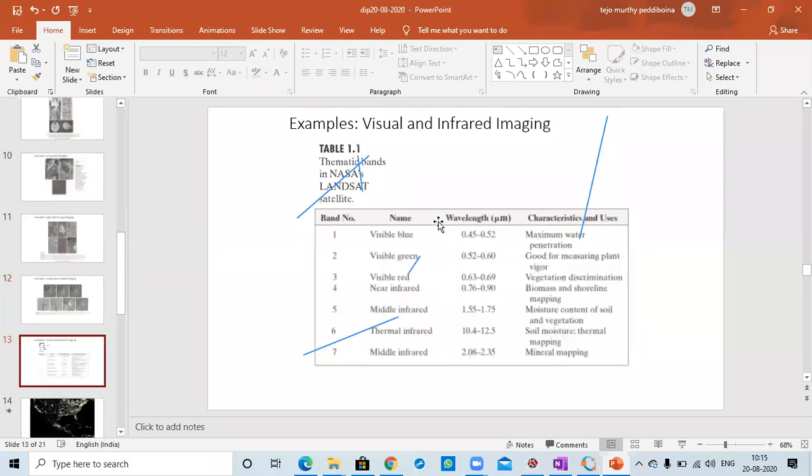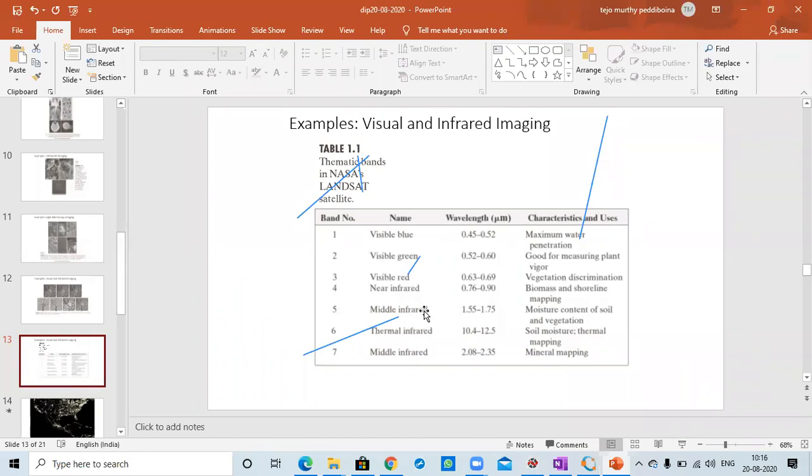So there are different categories of infrared images for different applications. Particularly visual blue is useful for water penetration, so how much depth of water is there, etc. can be identified. And visible green is used for plant vigor, and visible red is for vegetation discrimination.